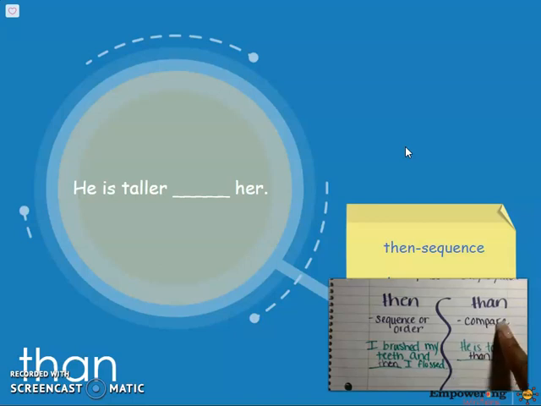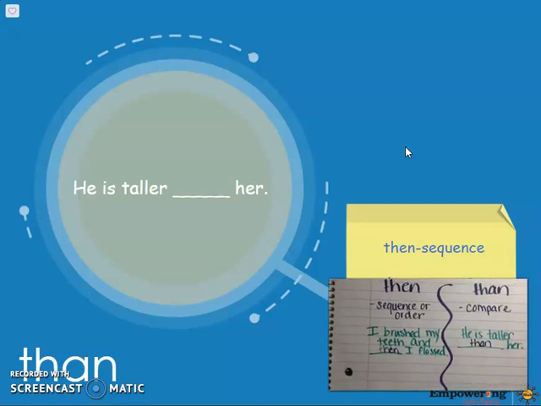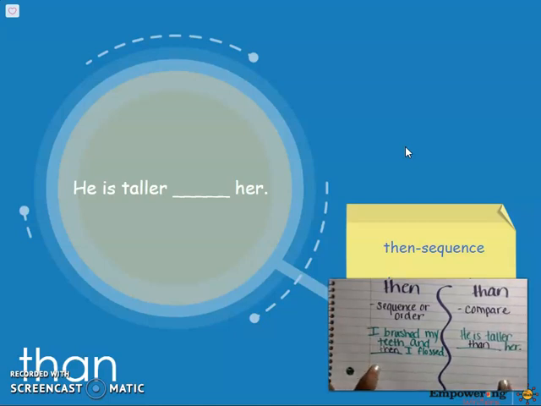It is also a comparison. So you are comparing those two numbers. So that should kind of help you remember when to use which one. As an independent practice, I do want you to write your own sentence here using then, showing order or sequence, and your own sentence here using than to compare. So you should have your example sentence and then your own sentence. So pause the video now.